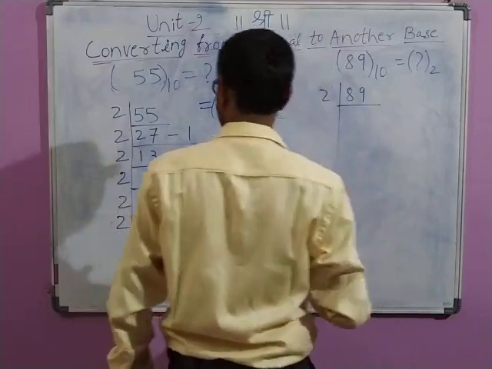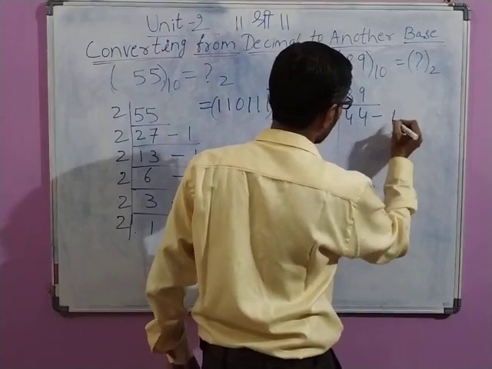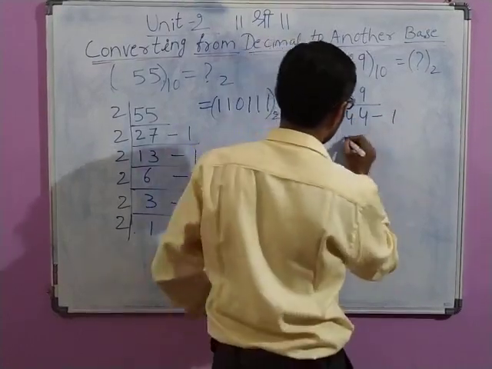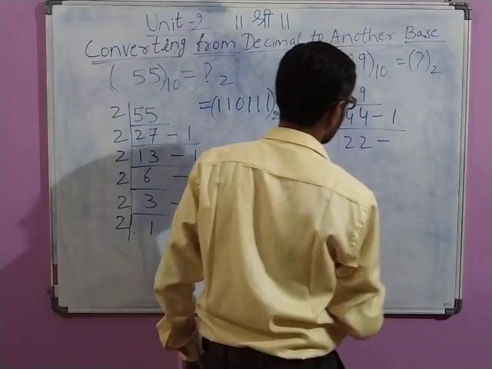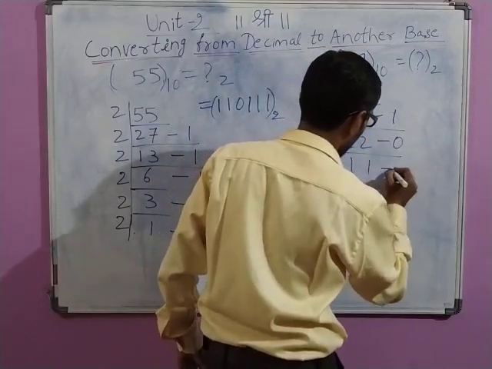Go on dividing by 2. So 2 4s are 8, remainder is 1. Next, 2 2s are 4, remainder is 0. Next, 2 1s are 2, remainder is 0.